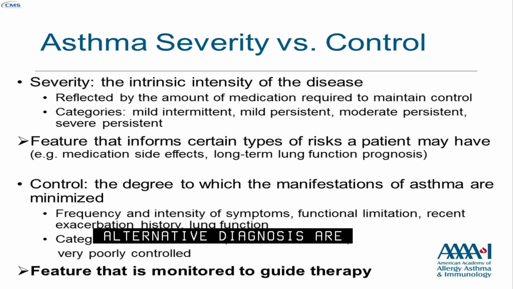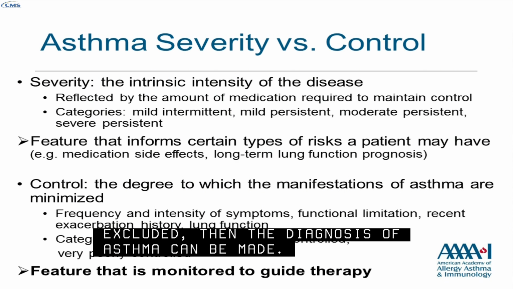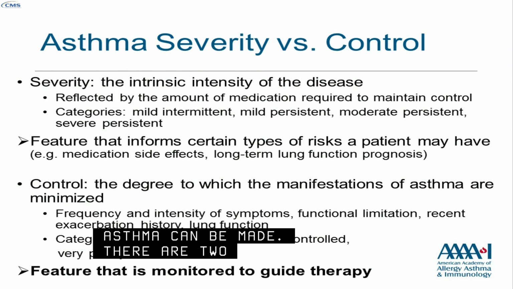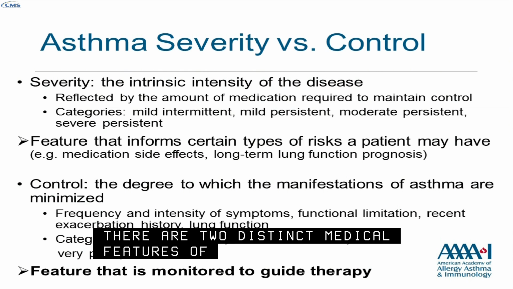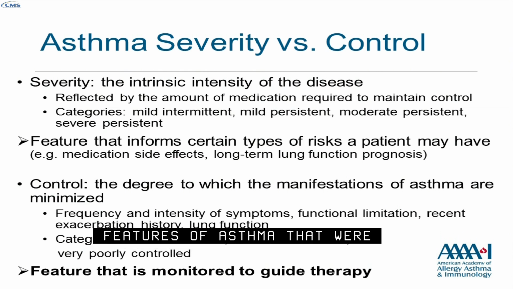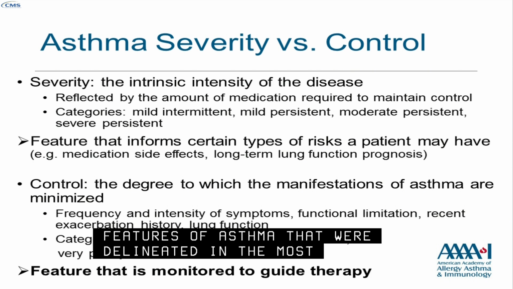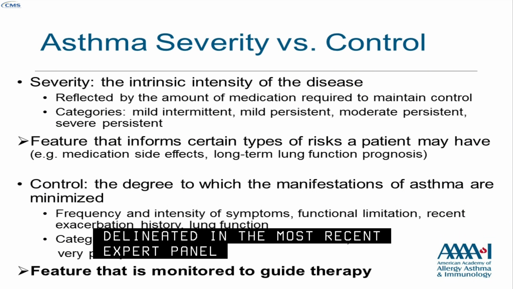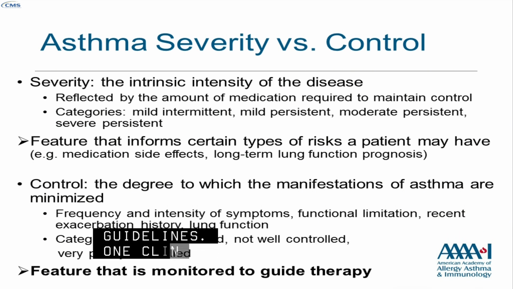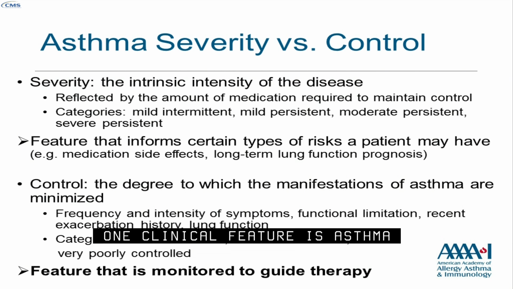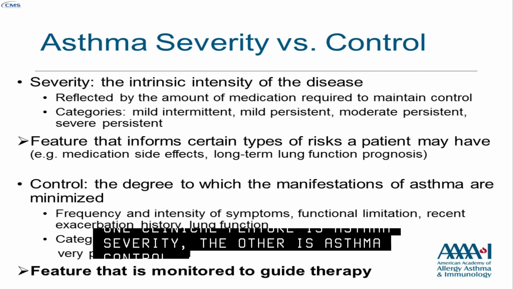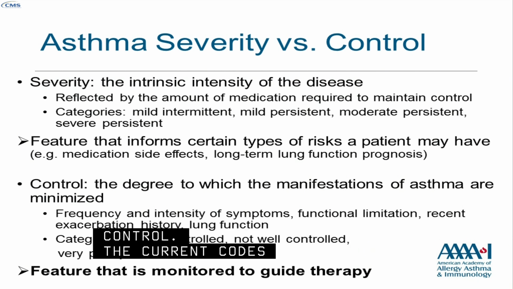There are two distinct clinical features of asthma that were delineated in the most recent expert panel report for asthma guidelines. One clinical feature is asthma severity and the other is asthma control. The current codes reflect or capture asthma severity, but they do not capture asthma control.